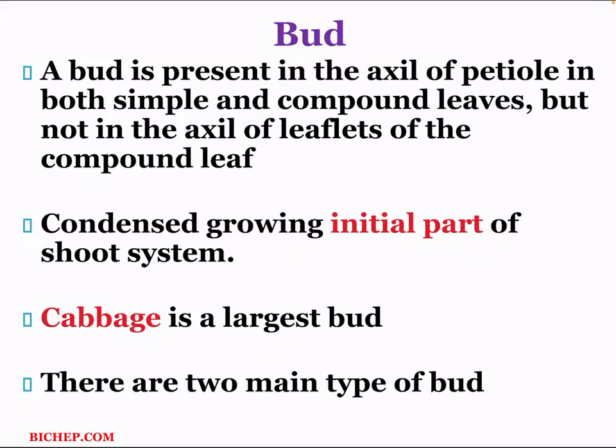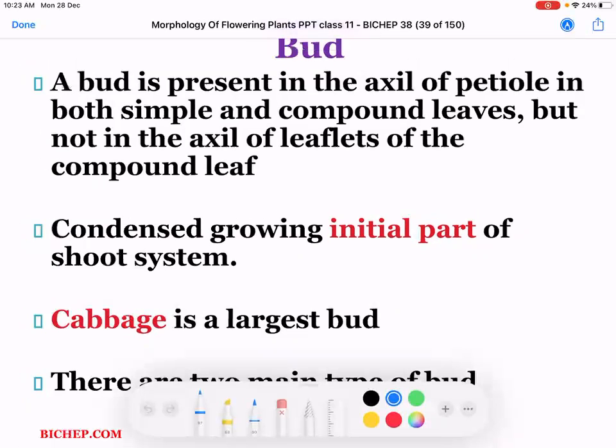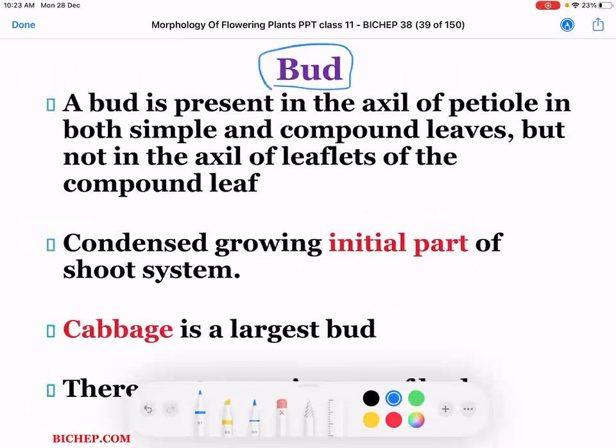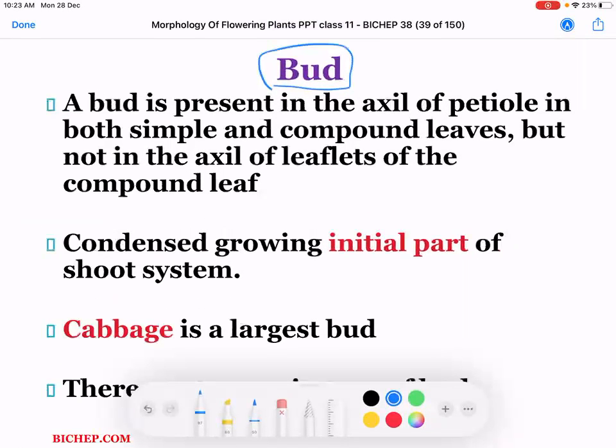Now, this axis has a particular type of part called bud. The bud is responsible for growth of other branches or growth of leaf. Ready? So this is the role of bud.